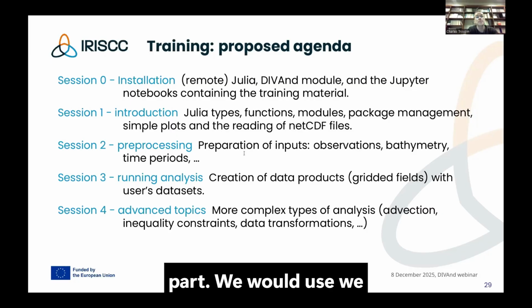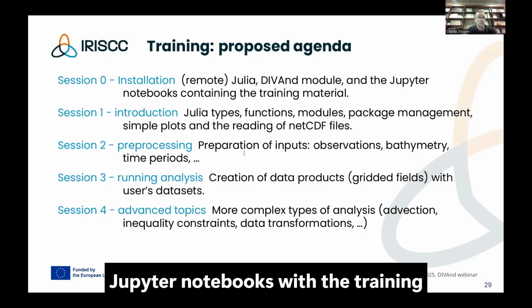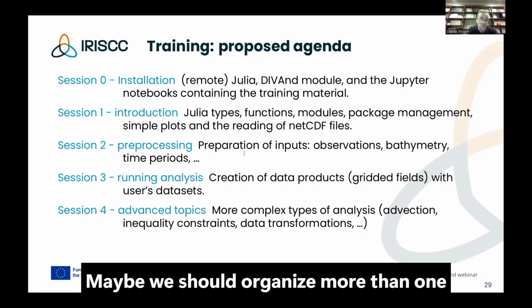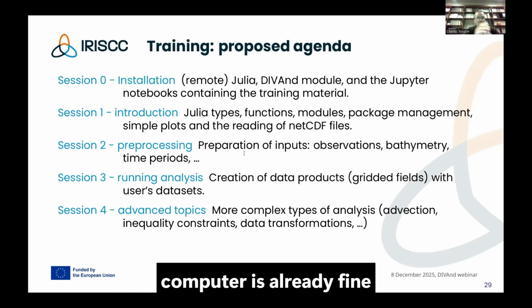We would install Julia, DIVA-ND, and the Jupyter notebooks with the training material. So this could be done remotely. Maybe we should organize more than one session about that, but the idea is that if you come to Liège, your computer is already fine to continue.